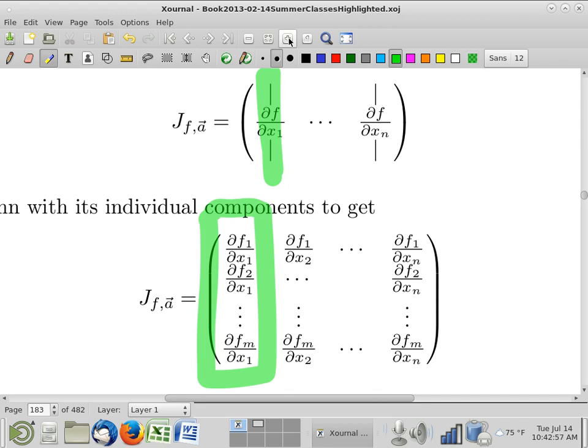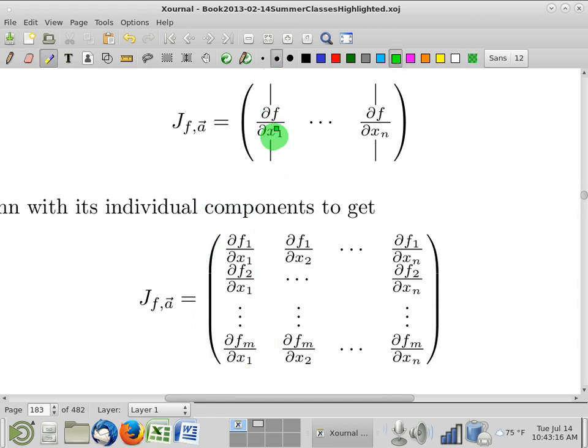So, a given column of the Jacobian matrix, the partial derivative with respect to, let's say, x1 of a vector-valued function f. Well, you just take the x1 partials. You'll notice these are all x1 partials of the various components of f. And let me do some highlighting to help that become clear.